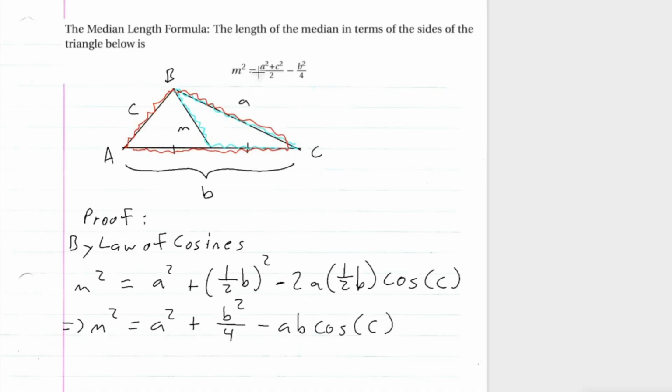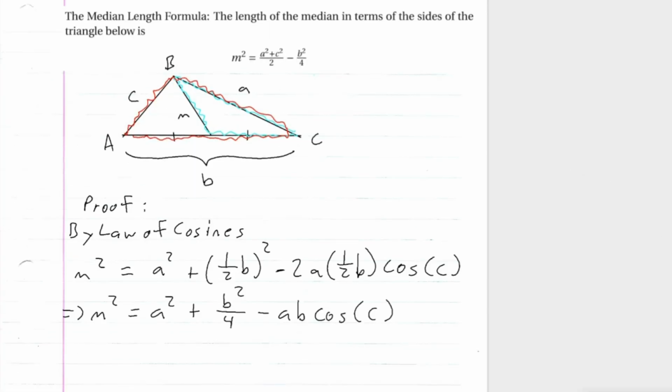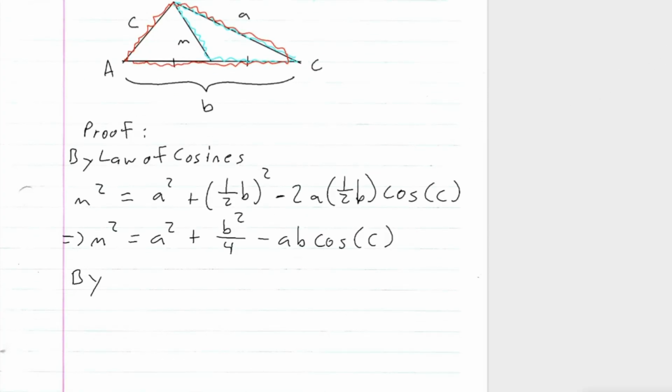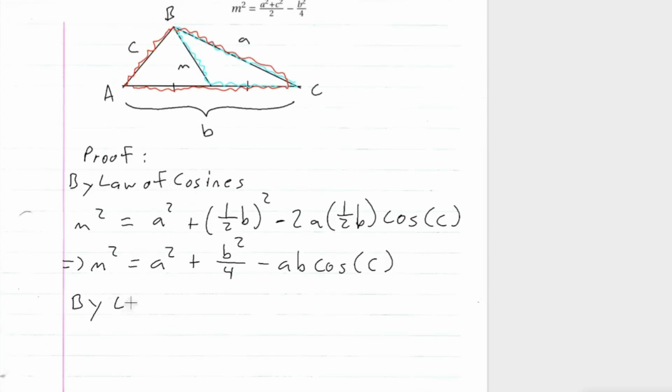Because I also need c squared, I need to use the law of cosines to get that c squared. So by the law of cosines, we have c squared is equal to a squared plus b squared minus 2ab cosine of c.